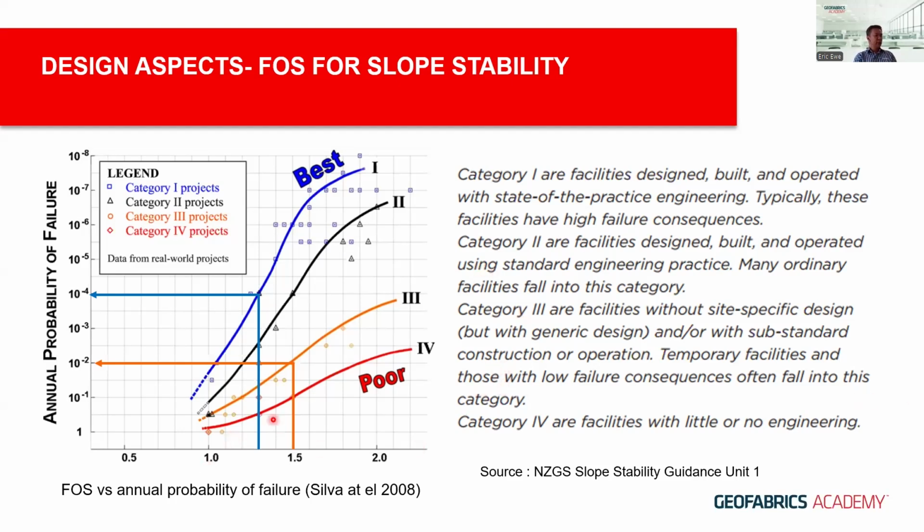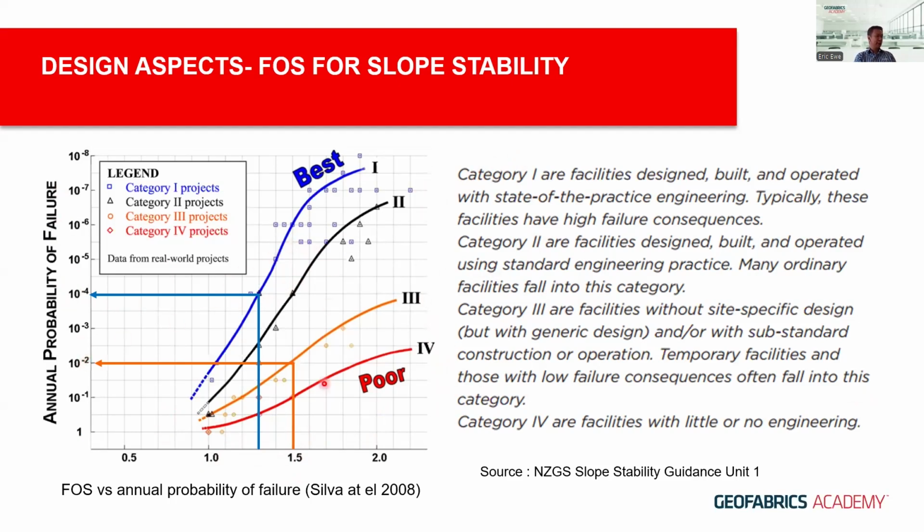And it is very clear now from my earlier slides about uncertainty, about quality, about availability of data. Even if you design for a factor of safety of 1.5 versus a factor of safety of 1.3, but following a different category in terms of quality, you will get different probability of failure.